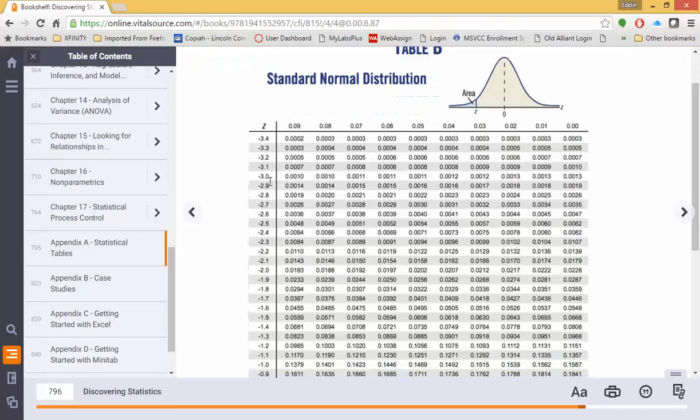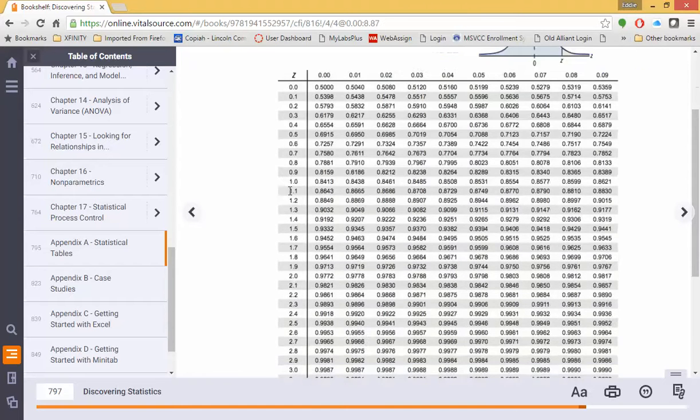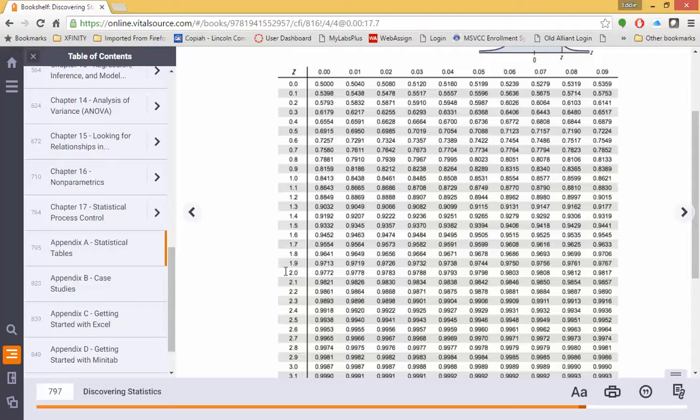No, because this has z-scores that are negative. So go to the positive z-score table, it's table C. Go down 2.1 and then over to the 0.03 column. So 2.13, that's 0.9834.